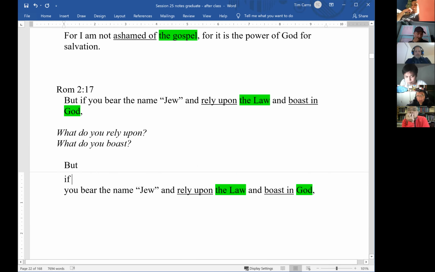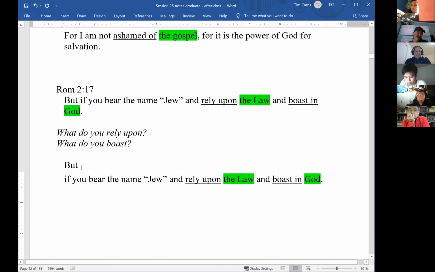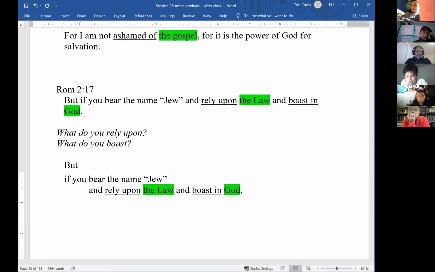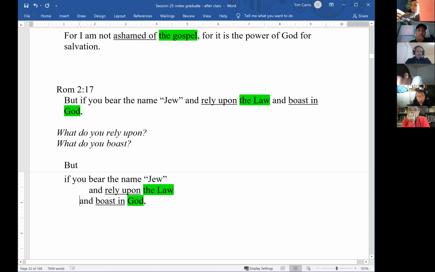If you bear the name Jew and rely upon the law and boast, and then here in this case, I'll fix it later. No, it's okay. That's what you have to do with it, technically.